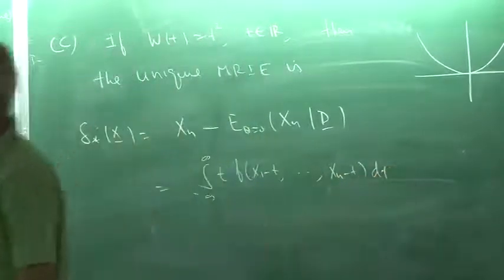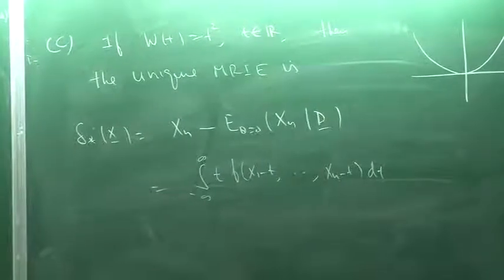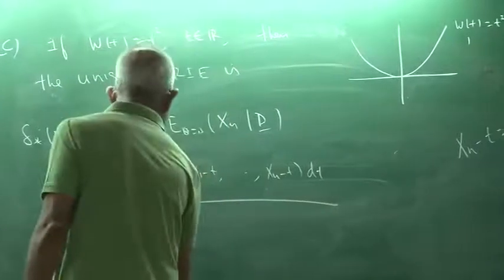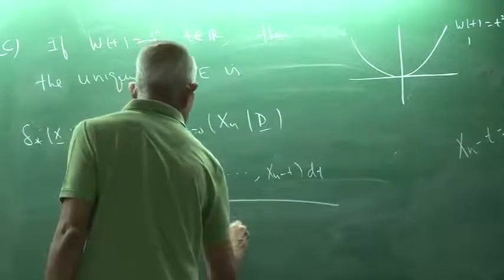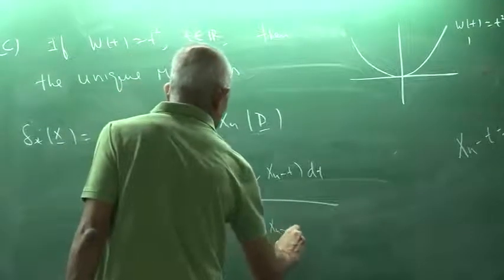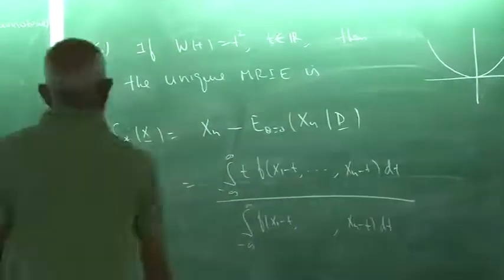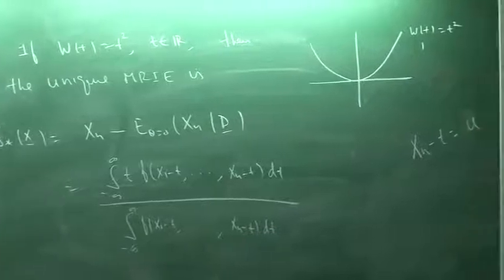This is the one which I derived over here, under the square root of function, divided by the integral from minus infinity to infinity of f of x1 minus t, ..., xn minus t dt. Now, the unbiased estimator in C is unique and delta star is unbiased.